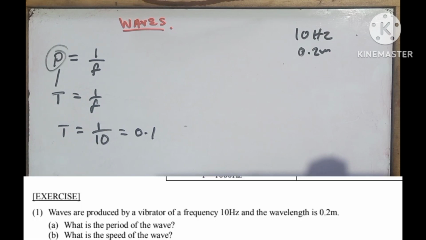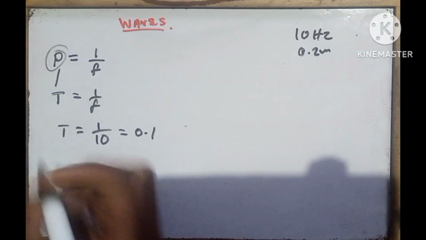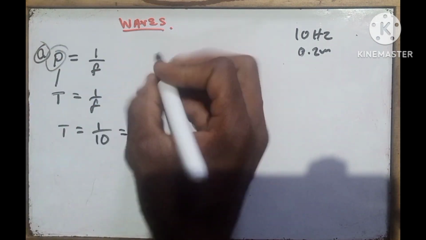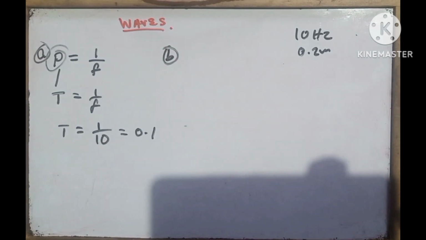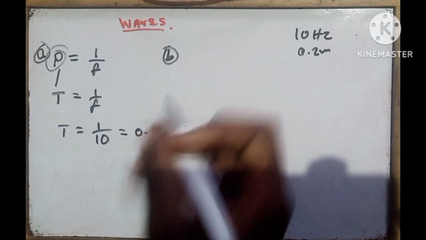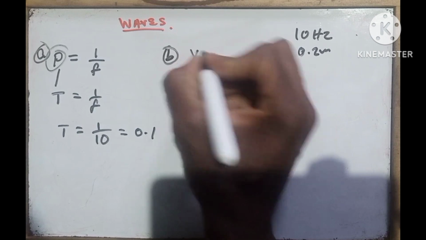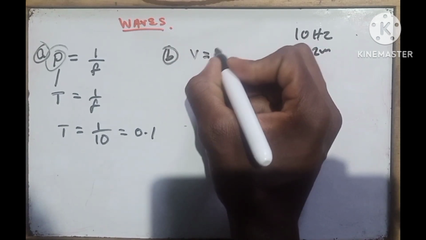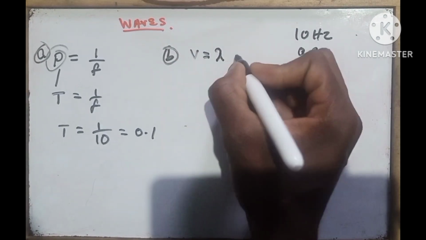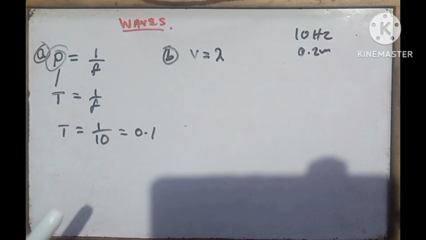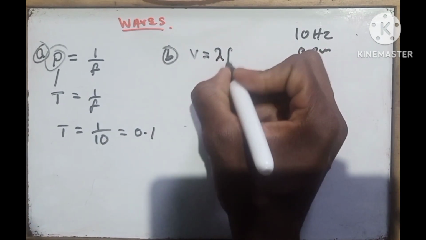And then part B is saying, what is the speed of the wave? So the speed of the wave, same as velocity, is equal to the wavelength, which is denoted by lambda, times the frequency.